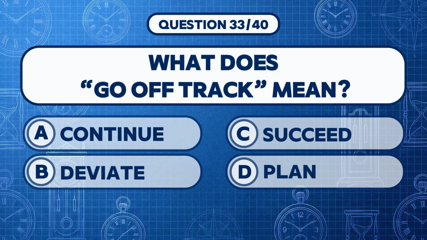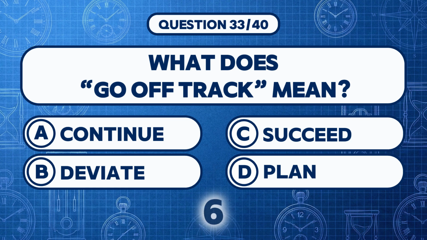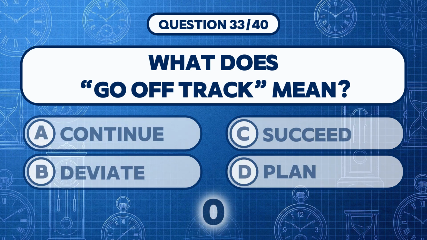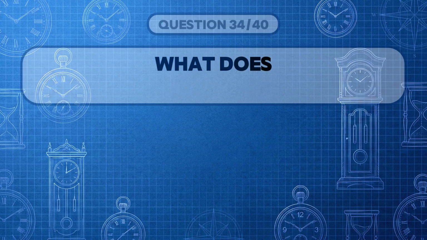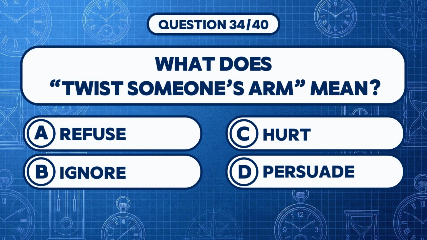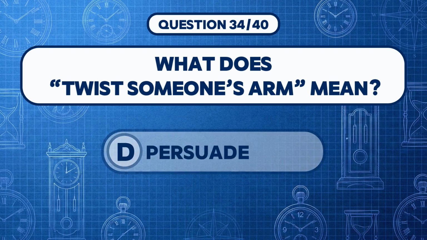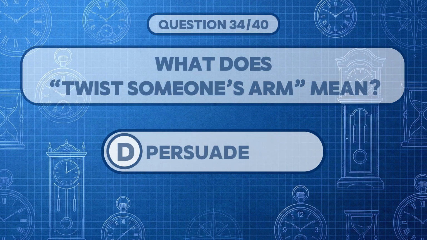What does go off track mean? Answer B. Deviate. What does twist someone's arm mean? Answer D. Persuade.